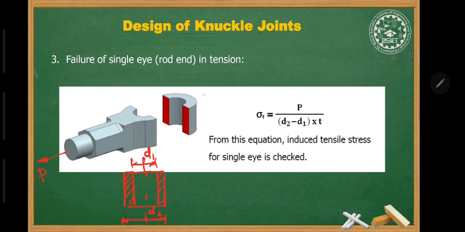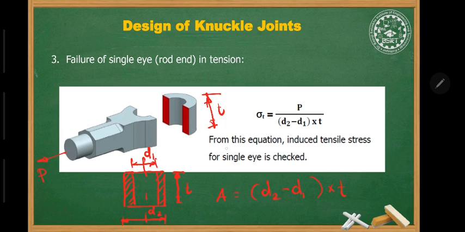This portion is nothing but the thickness of the eye. This is nothing but t. From this figure we can calculate the resisting area, that is A is equal to, so here you can clearly say that we have to calculate this shaded area. It is similar to the hollow circular section, but in this case we calculate it in such a way, that is d2 minus d1 multiplied by t.